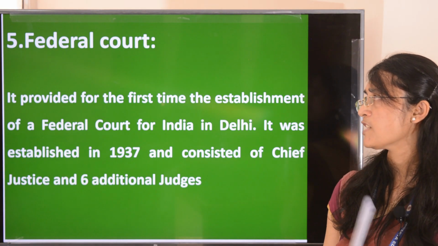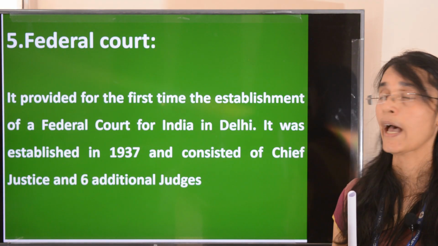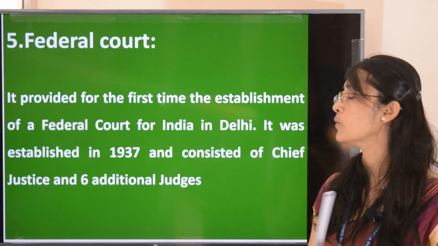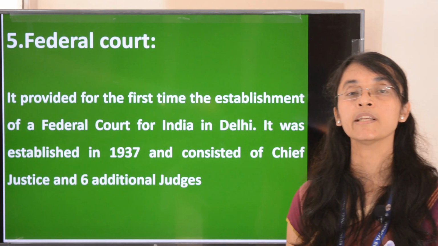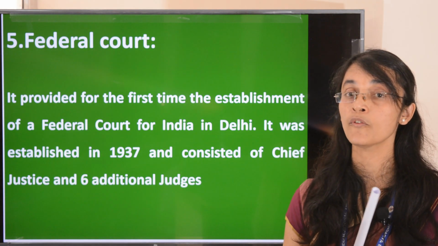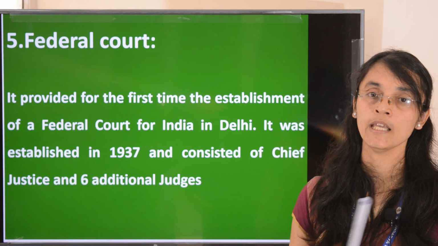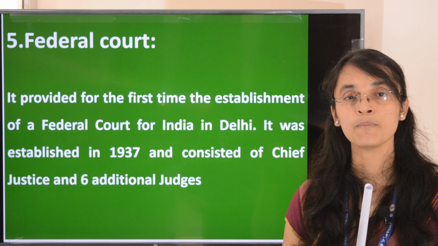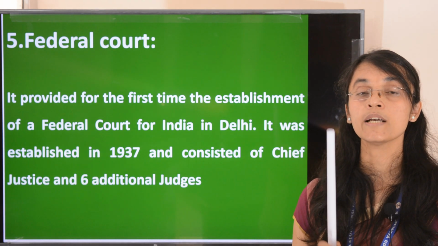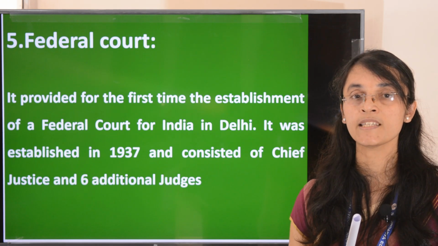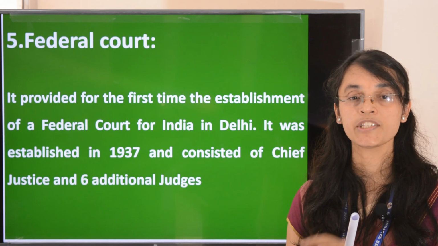Then the next feature of the 1935 Act is the Federal Court. This act for the first time provided for the establishment of a Federal Court for India in New Delhi. The Federal Court was established in the year 1937. This court consisted of 1 Chief Justice and 6 additional judges.